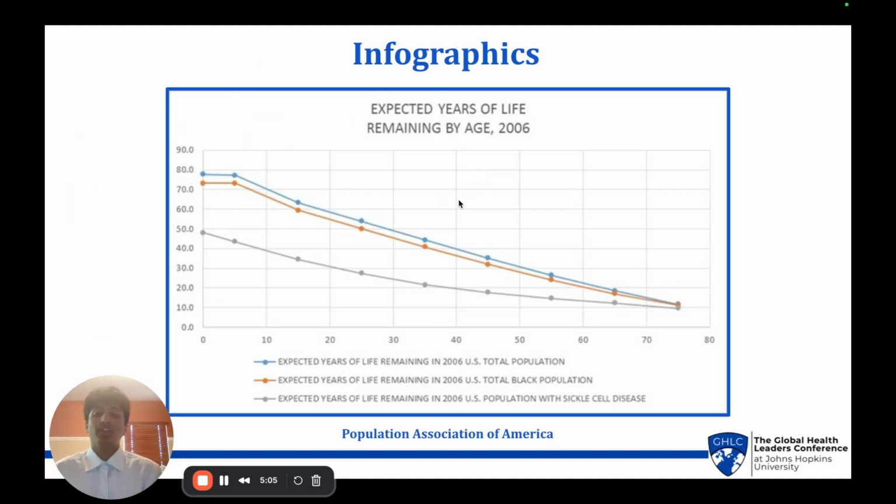So here's a little bit of an infographic on expected years of life remaining by age in the US, not in Africa or any other parts of the world, specifically the US, which many people of the African American descent inhabit. So you can see here the US population in 2006 has a high life expectancy, as well as the total Black population in the US has also high life expectancy, a little bit lower than the US total average.